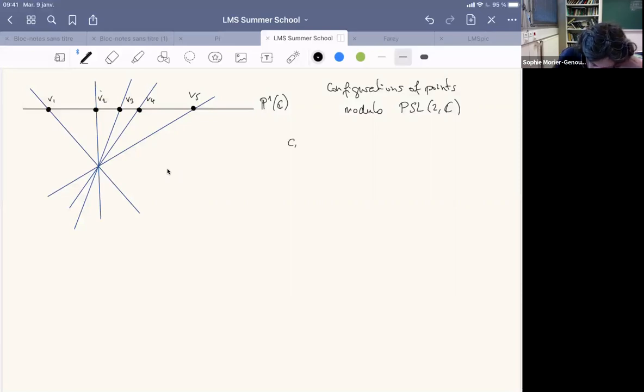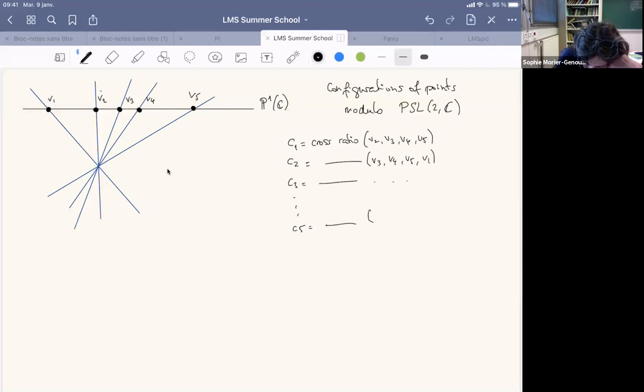Let's suppose that you have C1, the cross ratio over, let's choose vertex 2, vertex 3, vertex 4, vertex 5. Let's call C2 the cross ratio over V3, V4, V5, and V1, and so on. So you cyclically change the order. So up to C5, that's going to be the cross ratio between V1, V2, V3, and V4.